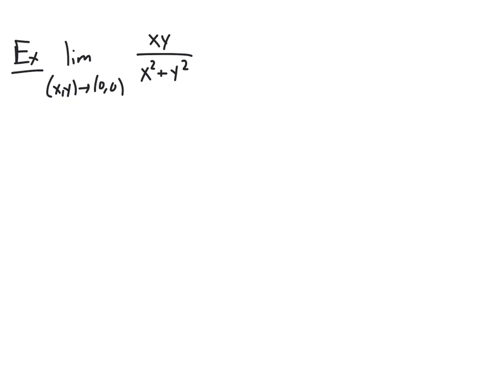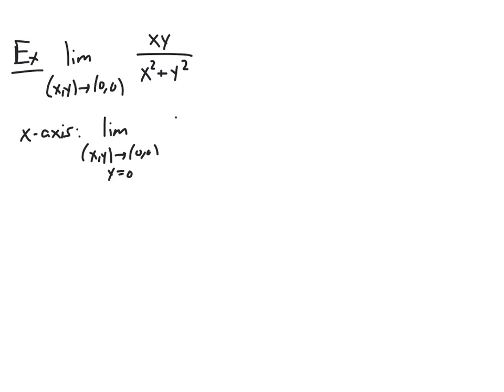And there's no nice algebraic way to simplify this in any obvious way, so we're just going to try looking at some different paths. If we first go with the x-axis, like we did in the previous example, we compute the limit as (x,y) approaches the origin along y equals 0.